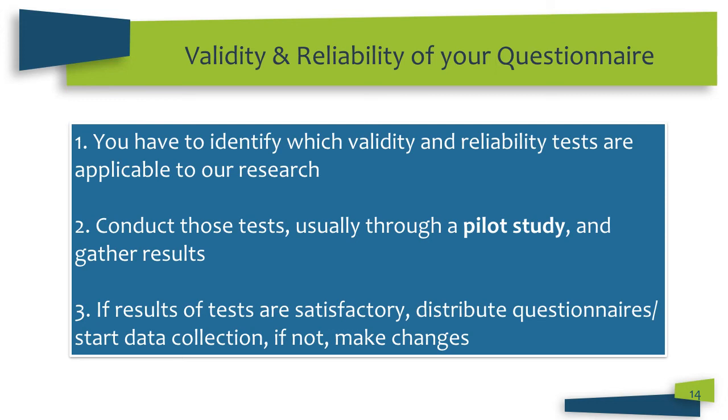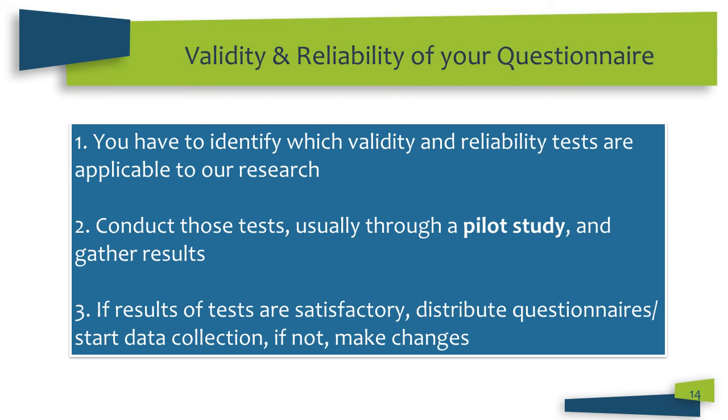After this slide, we'll look at various different types of validity and reliability. So you have to choose among those types which are applicable to you. Secondly, you have to conduct those tests, the tests that you chose. Usually you do that during your pilot study, and then you gather and give the results of those tests.